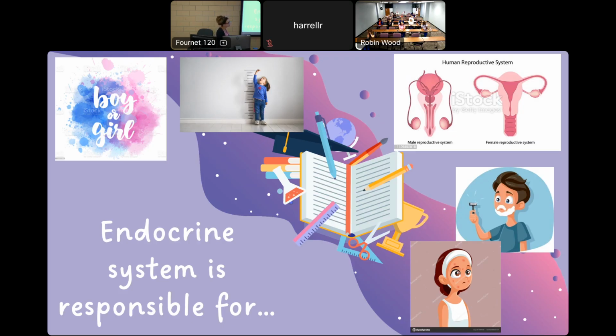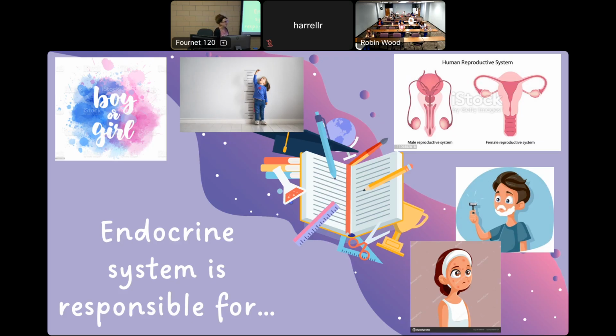Responsibilities of the endocrine system include sexual differentiation during fetal development. So is this a boy baby or a girl baby? Obviously it's genetics as well, but the actual development of the genitalia is very much hormonally controlled. We can see this in certain syndromes. Dr. Wood, when she goes over some genetic stuff later, maybe next week, will talk about Turner syndrome and other syndromes where there are extra chromosomes or things just didn't line up the way they were supposed to.